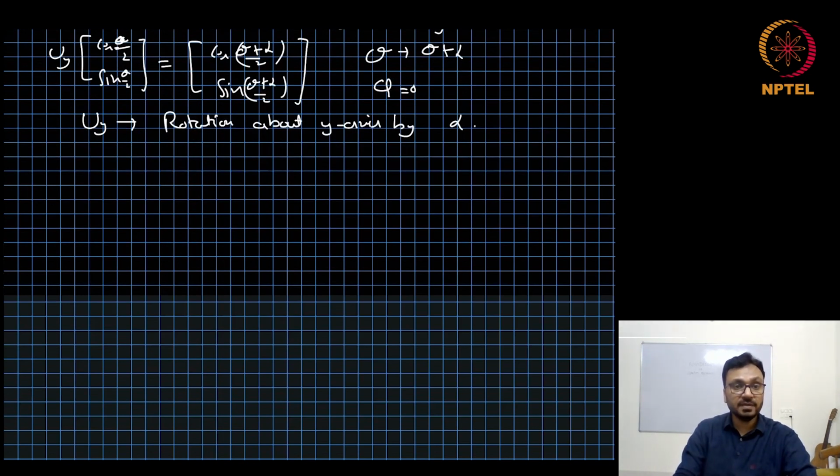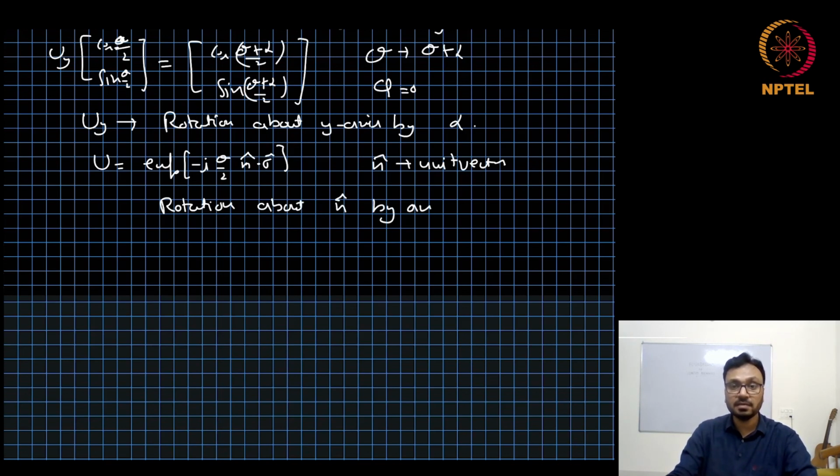So we can say from here that the unitary matrix, which is exponential of minus i theta over 2 n cap dot sigma, where n cap is a unit vector, will cause a rotation about the Bloch vector n cap by angle theta.